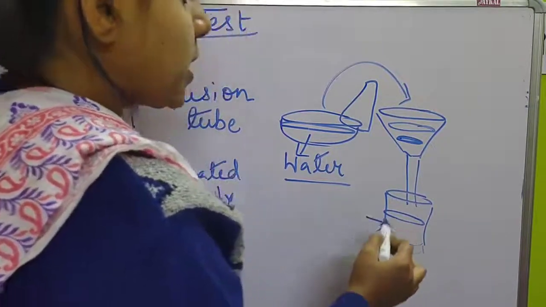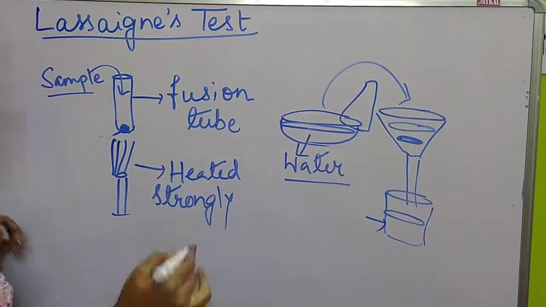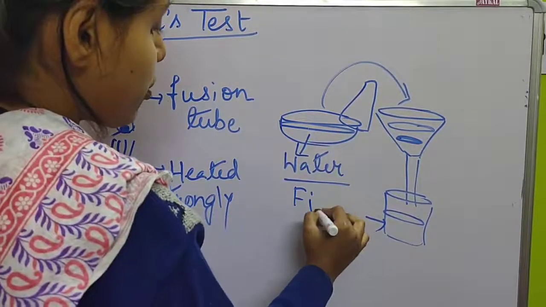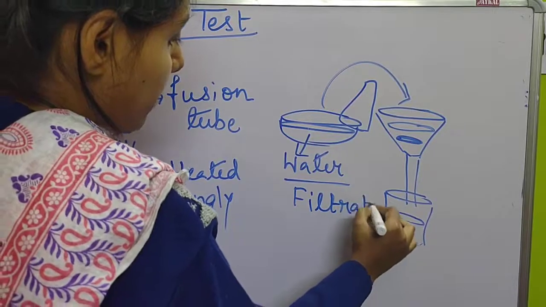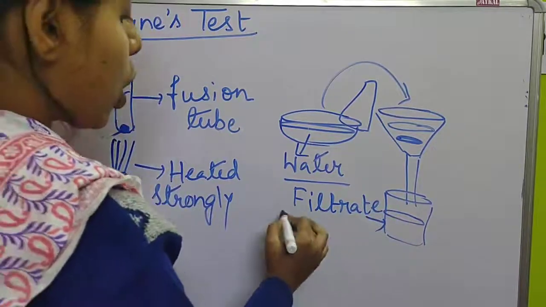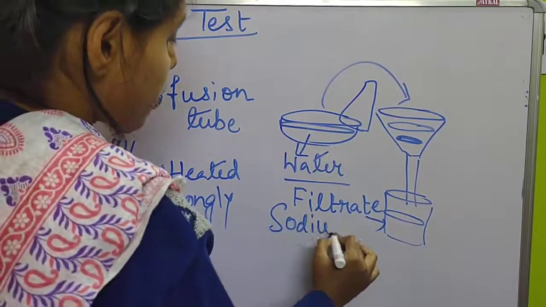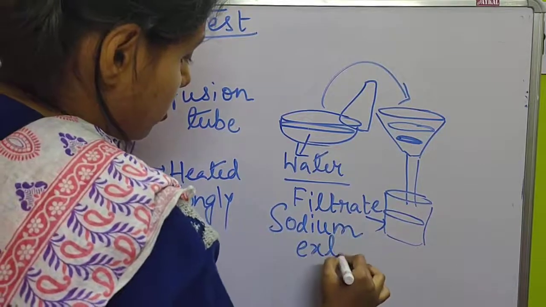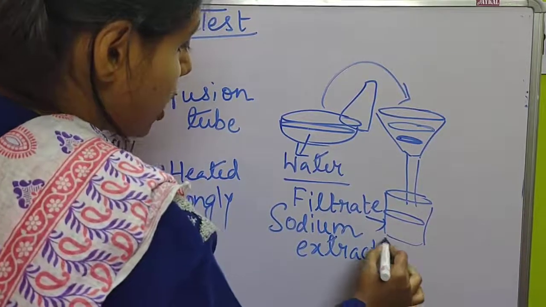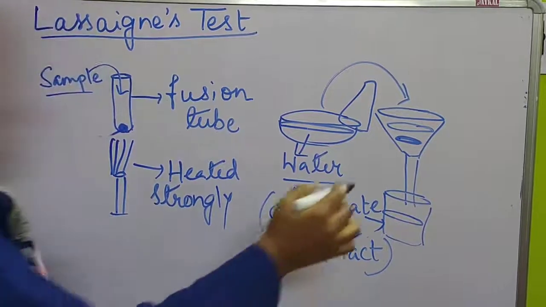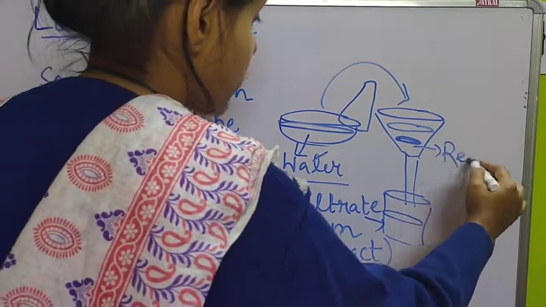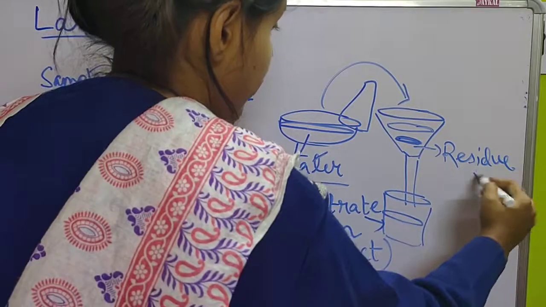The liquid part that is obtained as filtrate, this is called filtrate. So this filtrate is called sodium extract, okay. This filtrate is called sodium extract. So this residue part is not required for the Lassaigne test.